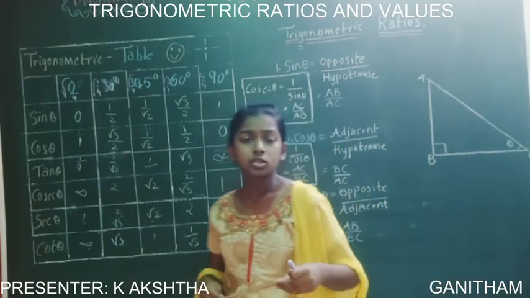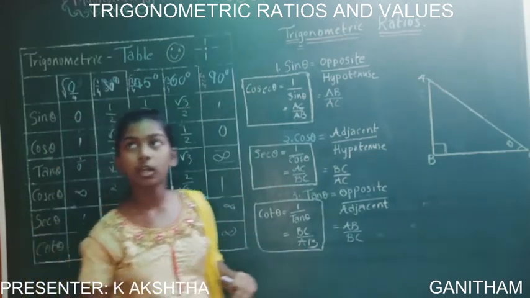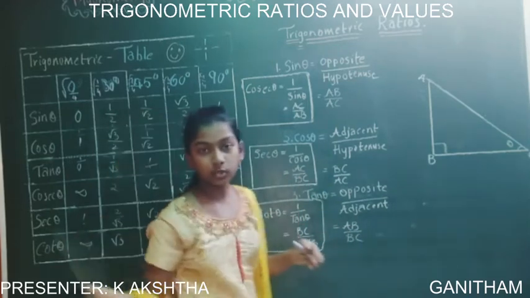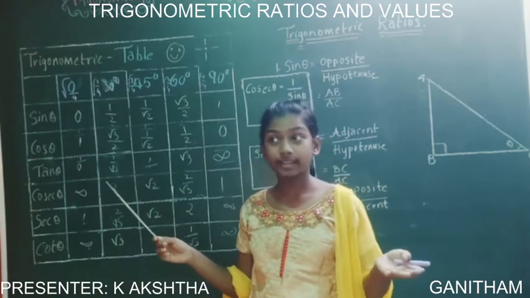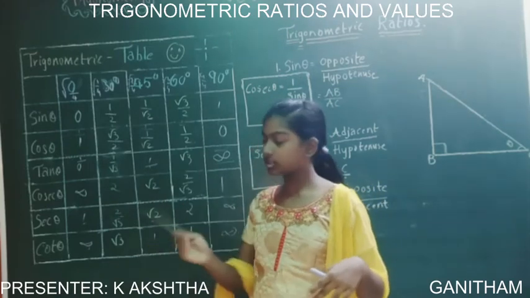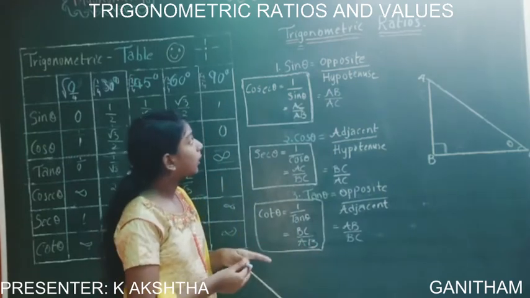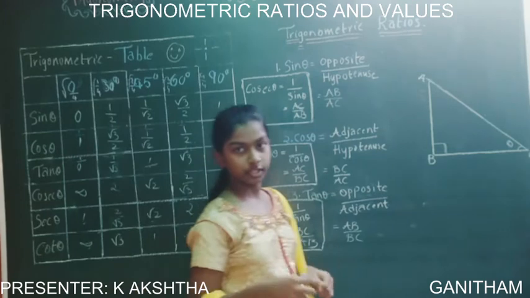Okay, so now let us go to the trigonometric ratios. I have to explain these first, and then you can understand this. But I think you already studied these in your 10th class, that's why I said this first. What are the trigonometric ratios?